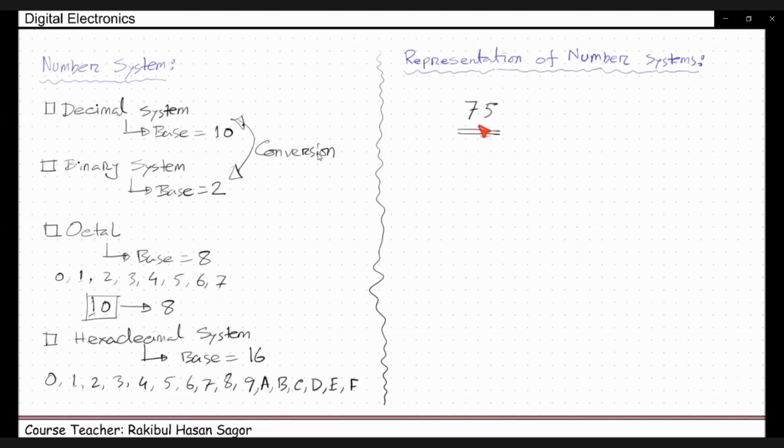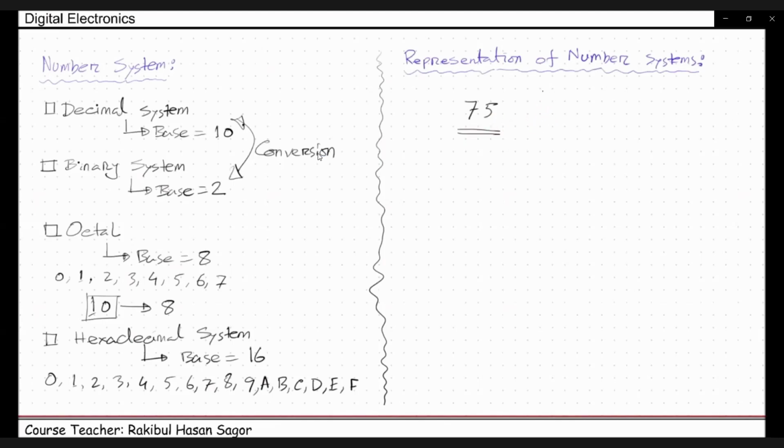Well, normal people will say it is 75. That is in decimal, which is commonly used by human beings. But in this course, as we are dealing with a lot of number systems, we cannot definitely say that this is a decimal number. This may be decimal, or maybe octal, or maybe hexadecimal. That's why we need to know how to represent a number system.